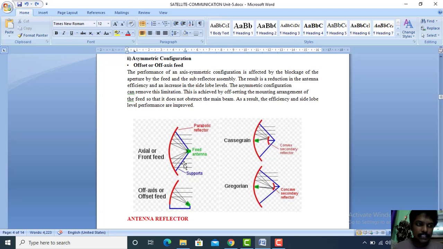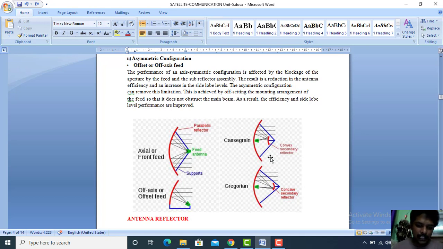When you go for the second configuration, which is your asymmetric configuration, here we have an offset or off-axis feed. The main thing is, in the previous axis symmetric configuration there is some reduction in the antenna efficiency, and an increase of the side lobes.